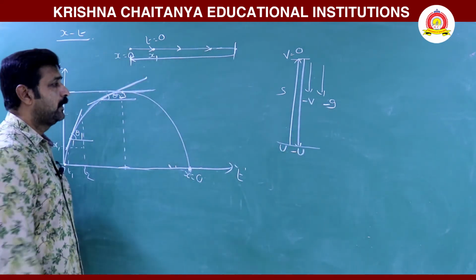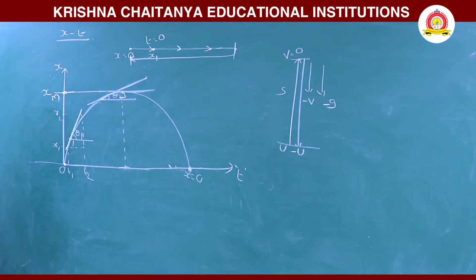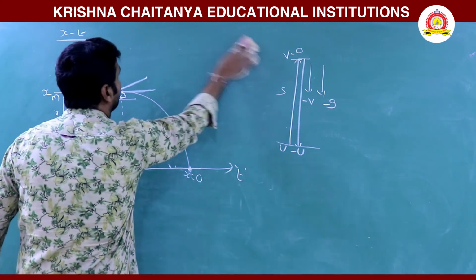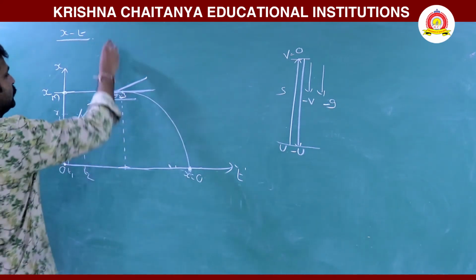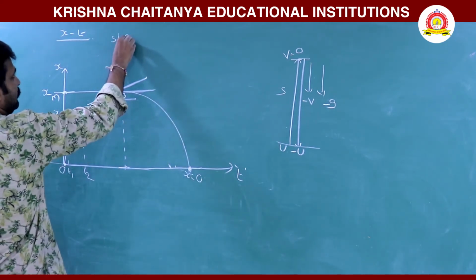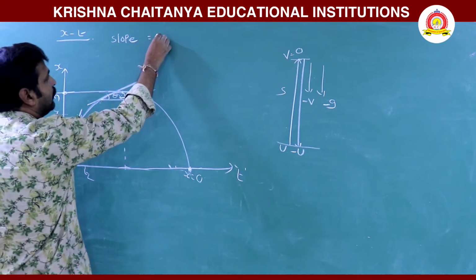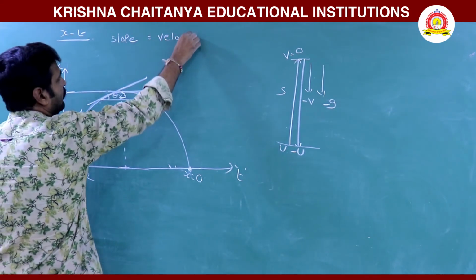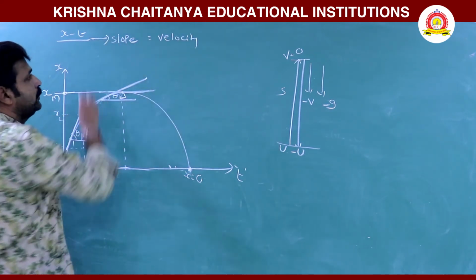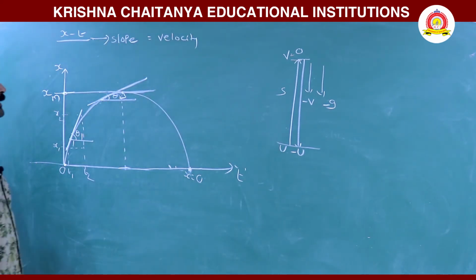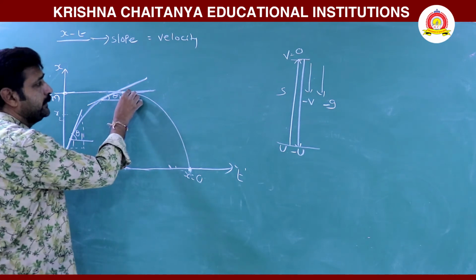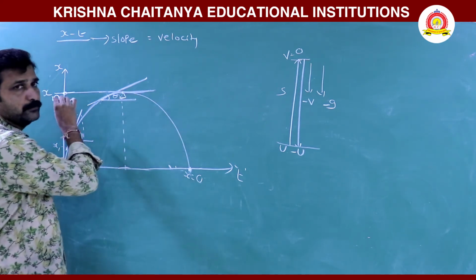Look at here, how would we get velocities from position-time graphs? Simply the slope. The slope of the position-time graph gives velocity. So if we take the slope here, that slope will be velocity. Here slope is 0.